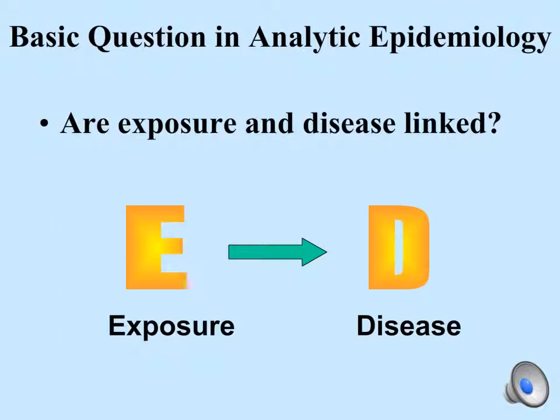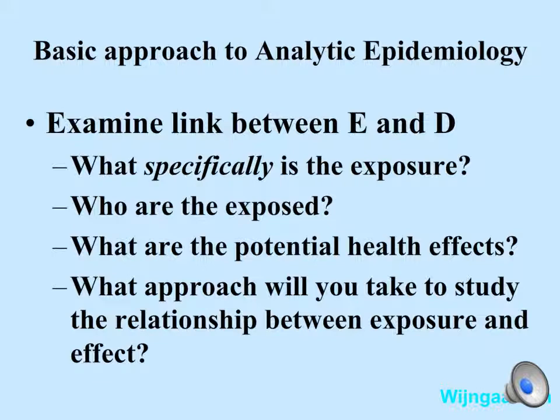But let's look. The basic question in analytic epidemiology is, are exposure and disease linked? When we examine the link between exposure and disease, we have to be very specific about what exposure we're talking about. We have to define very carefully the exposed, what the potential health effects of that exposure are, and what approach we will take in order to study the relationship between the exposure and the effect.